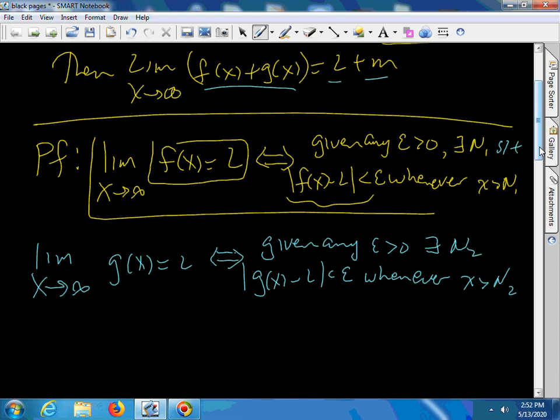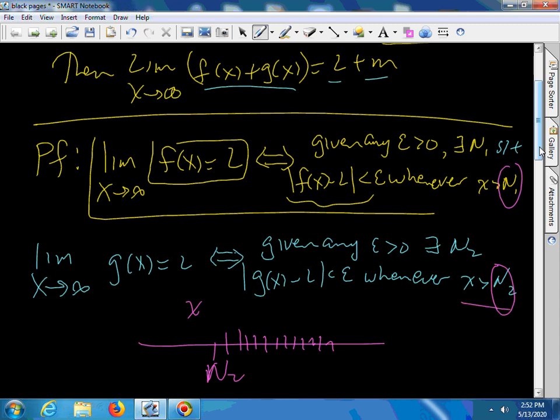Now, when it comes to these n1s and n2s, can I pick a smaller one and it'll still work, or a bigger one? And the answer is a bigger one. Here is n2. Now, x has to be bigger than n2. So whenever x is bigger than n2, this is true.